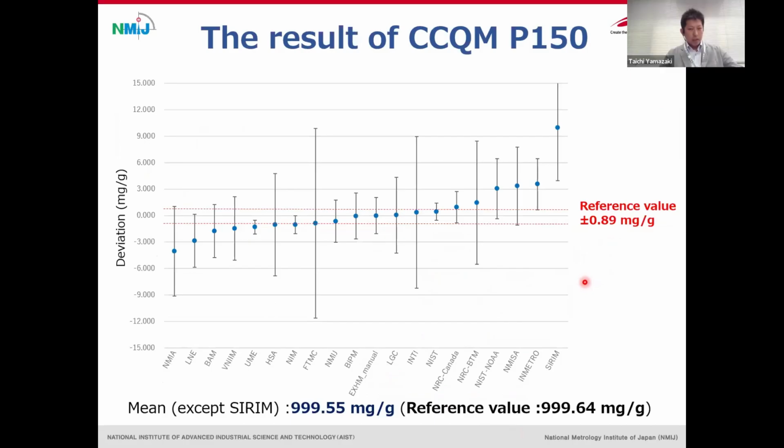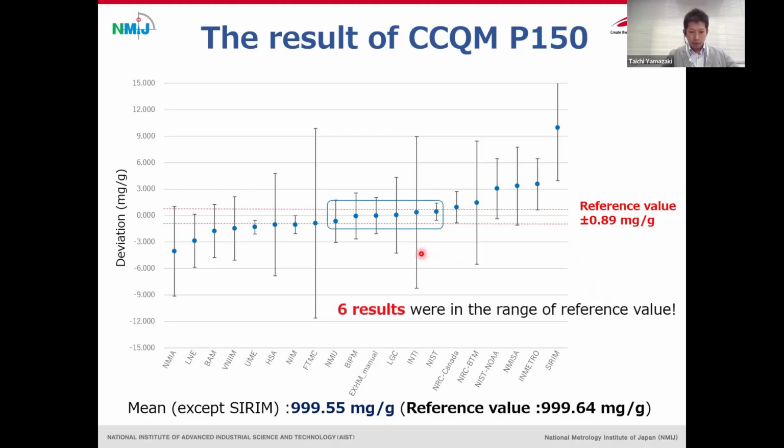So next, we discuss data processing. Data processing was discussed next, after sample preparation in OAWG. Only one third of the laboratories included the median value for the reference value.